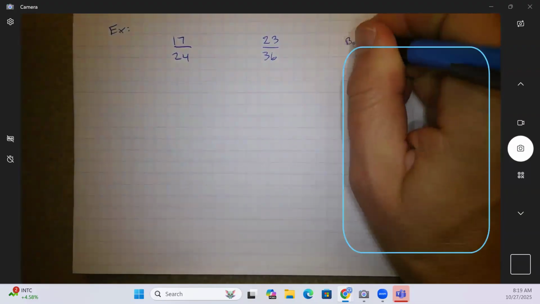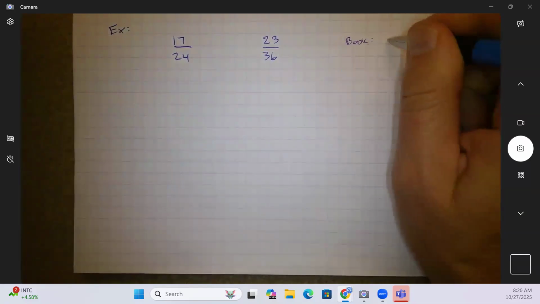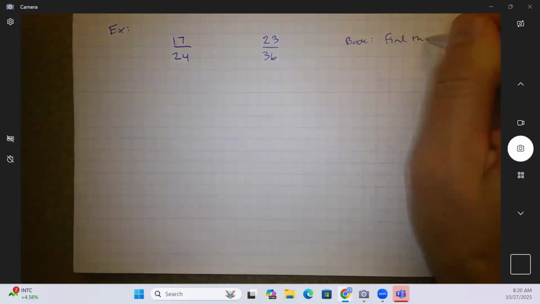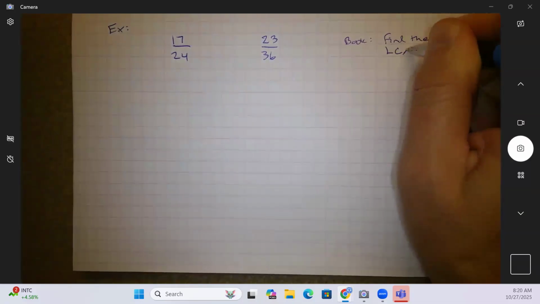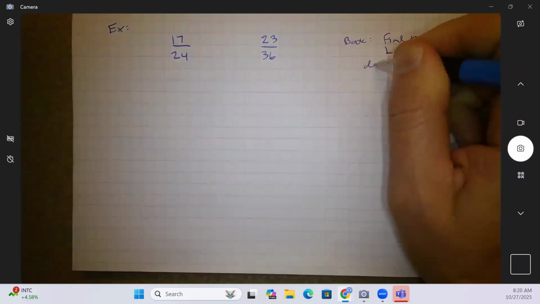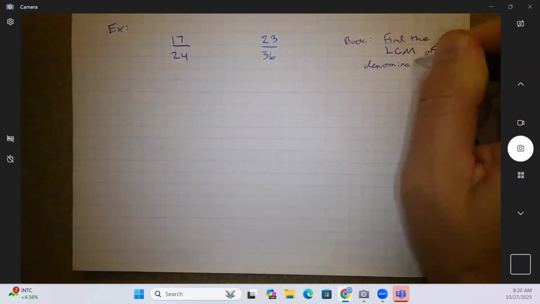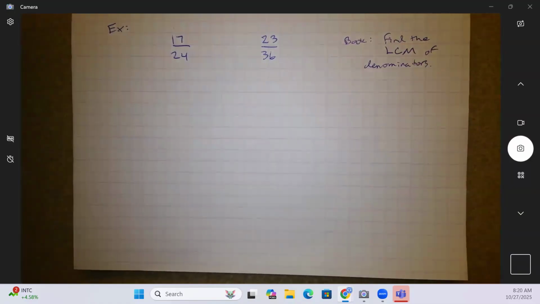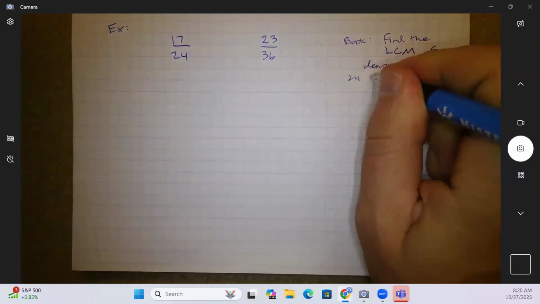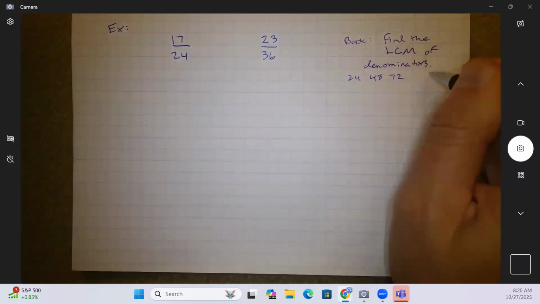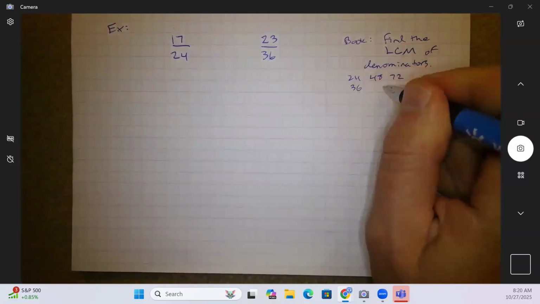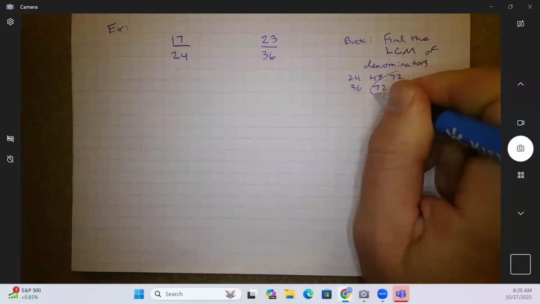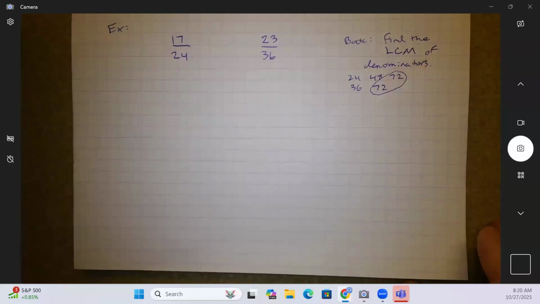So your book would say, find the least common multiple of the denominators. If you remember how we do that, we count 24, 48, 72, etc. And we also count 36, 72, and there's 72. That's the least common denominator.